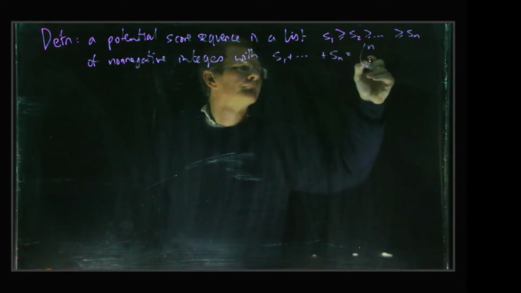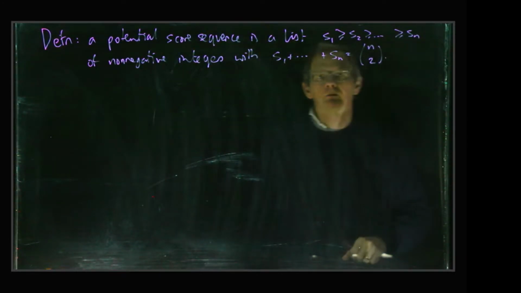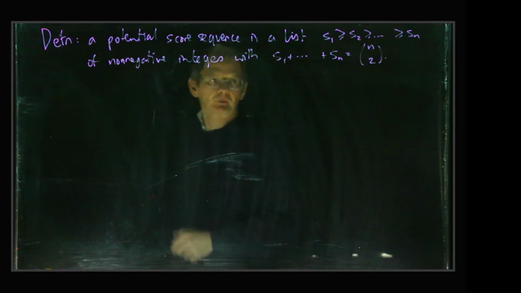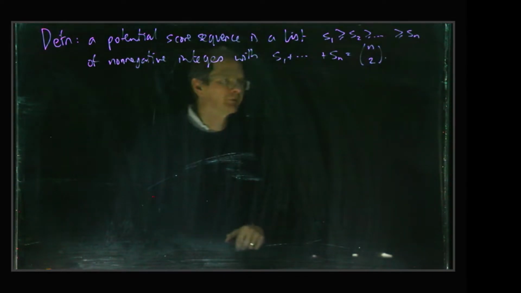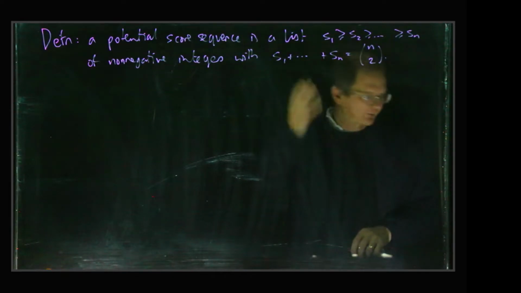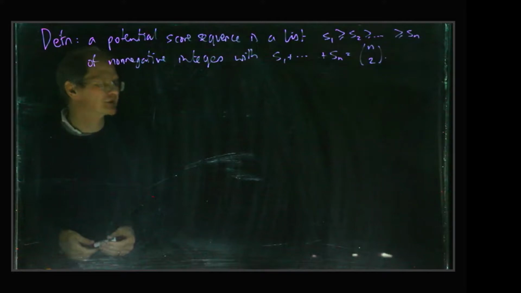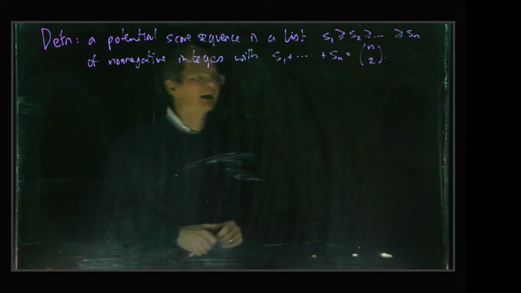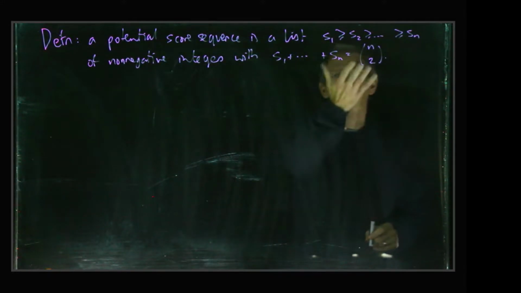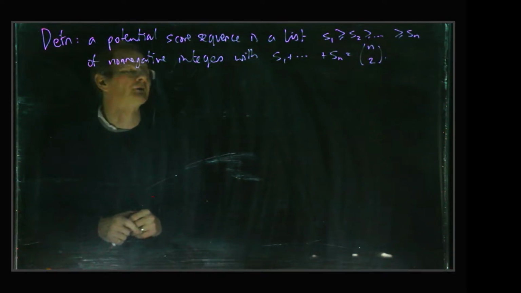And the sum of all the entries is supposed to be equal to n choose 2. So remember, we're interested in the question of whether such a thing might come from a tournament. In a tournament, the total of all scores is always equal to the number of matches played, and if you've got n players, then there's n choose 2 matches. So you expect to have this property that the sum of the scores is equal to n choose 2.